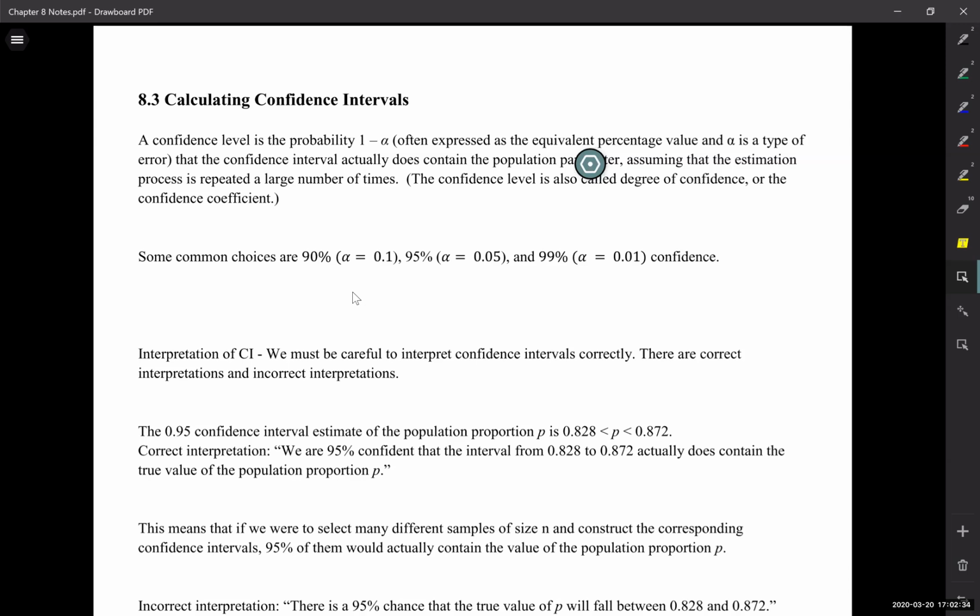So it says a confidence interval is the probability 1 minus alpha. And so this symbol, alpha, I'm going to be saying it a lot today. It is often expressed as the equivalent percentage. So for example, looking down here, we would talk about a 90% confidence interval, a 95% confidence interval, and so forth.